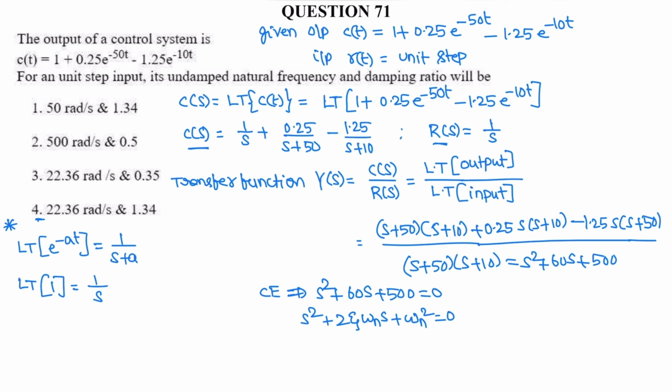So omega n is square root of 500, that is 22.36 radian per second, and 2 zeta omega n is 60. So zeta is 60 by 2 into 22.36, and its value is 1.341. So 1.341 is the damping ratio and the natural frequency is 22.36 radian per second. So the correct option is 4.